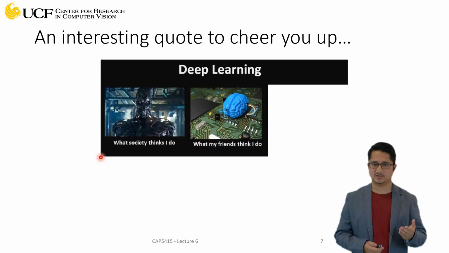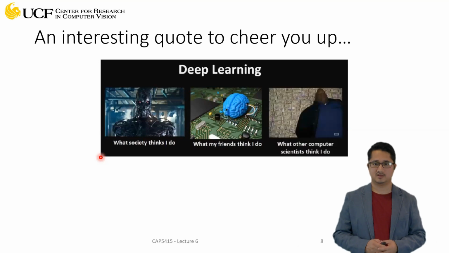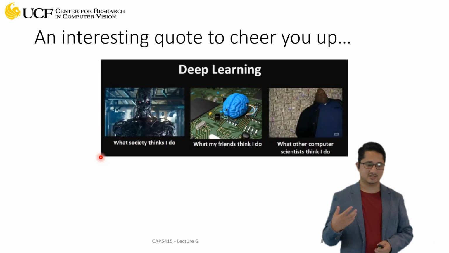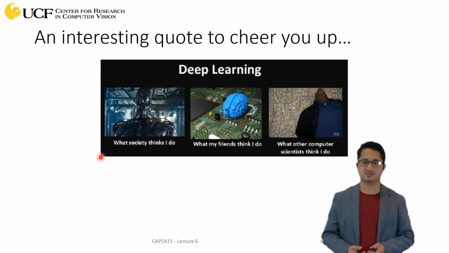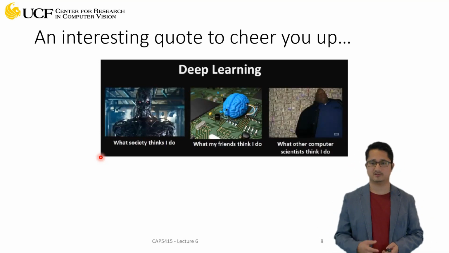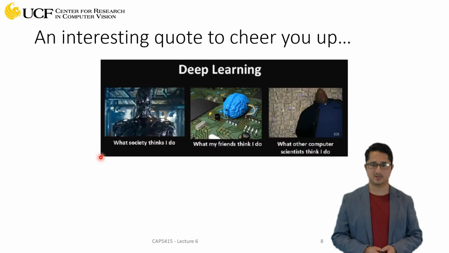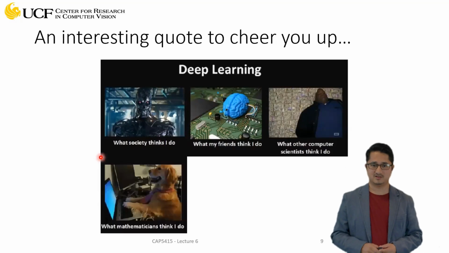This is just an interpretation of what different segments of society think when you're working on deep learning. And this is also interesting because the deep learning job market is so hot. When you graduate, it will give you very high paying jobs, and the job market is really good at this time.